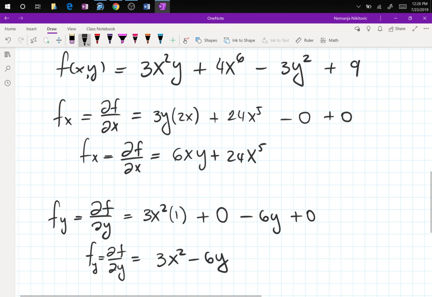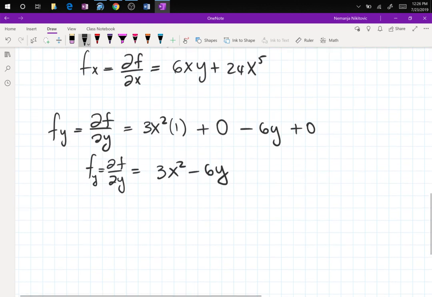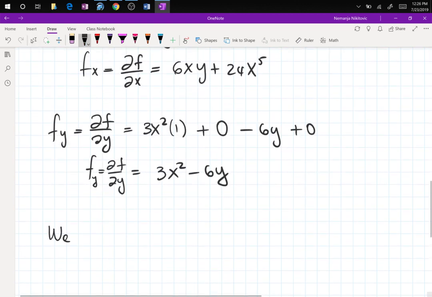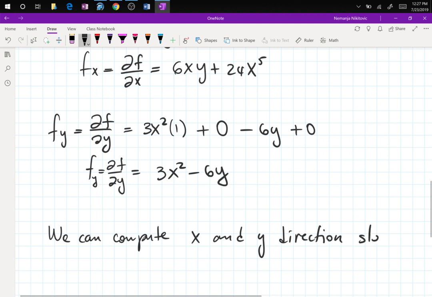So these are in general function, and now we can compute x and y direction slopes if we have a point (a, b) given.